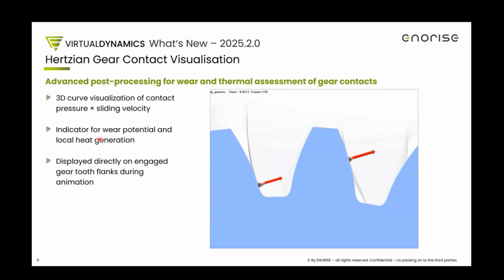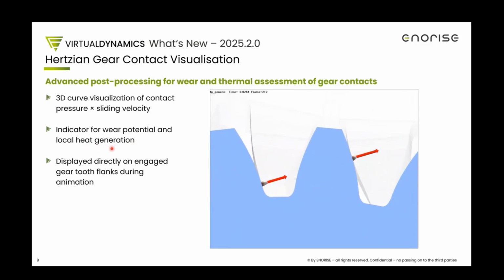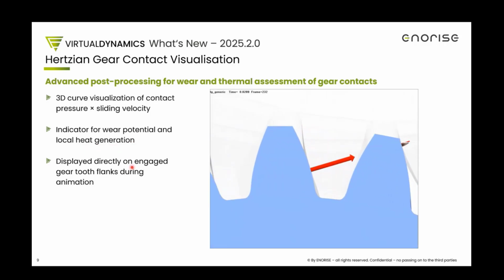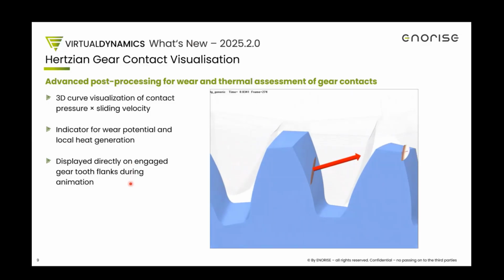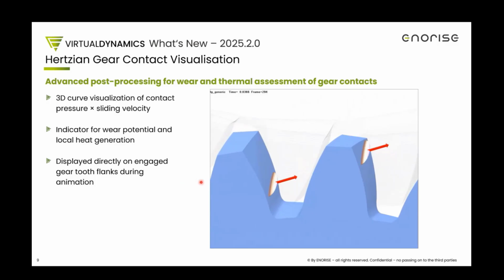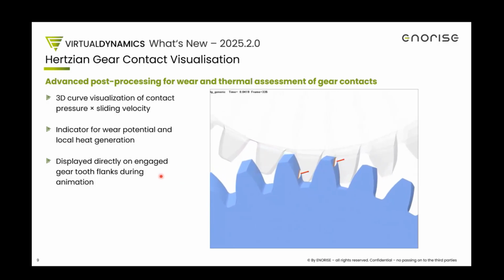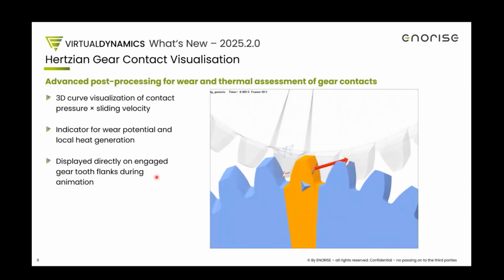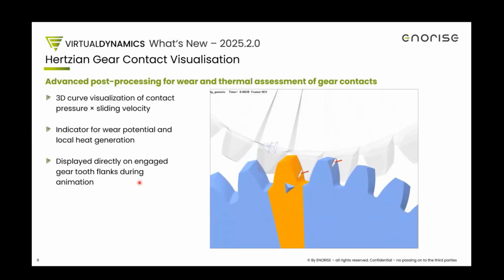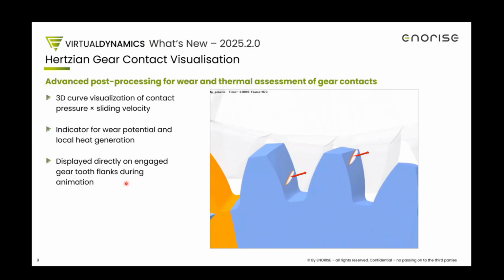And this, of course, is an indicator for wear potential as well as local heat generation, and can become an important tool for wear analysis or thermal assessment of the flank geometry, especially if you are doing microgeometry improvements. We have in our test cases seen significant changes with minimal microns of change in the microgeometry.